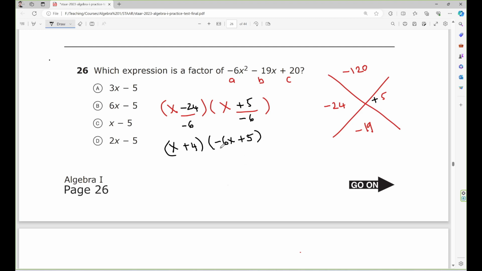Basically I just factor the negative sign out right here. Factor negative 1 out, so it should be s plus 4. I factor negative 1 out, so this one becomes positive, which means 6s, and this one becomes negative, 6s minus 5. So the answer must be B.